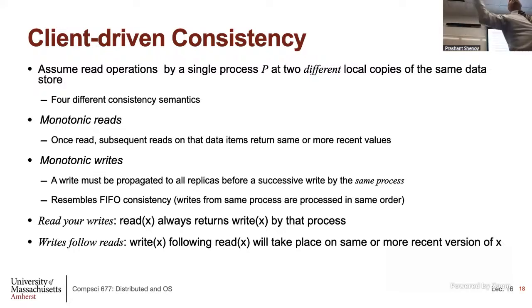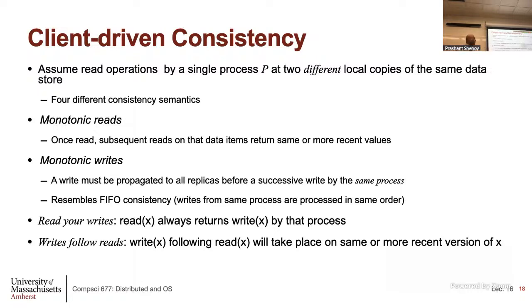What is it that the client should see? The basic idea is after you see some data, you shouldn't go to another location and see older data. That's bad because you already saw something more recent. That's actually disallowed. So that is what monotonic read says. Monotonic read says once you read some file, you shouldn't go to another location and get an older version of the file. That's not allowed.